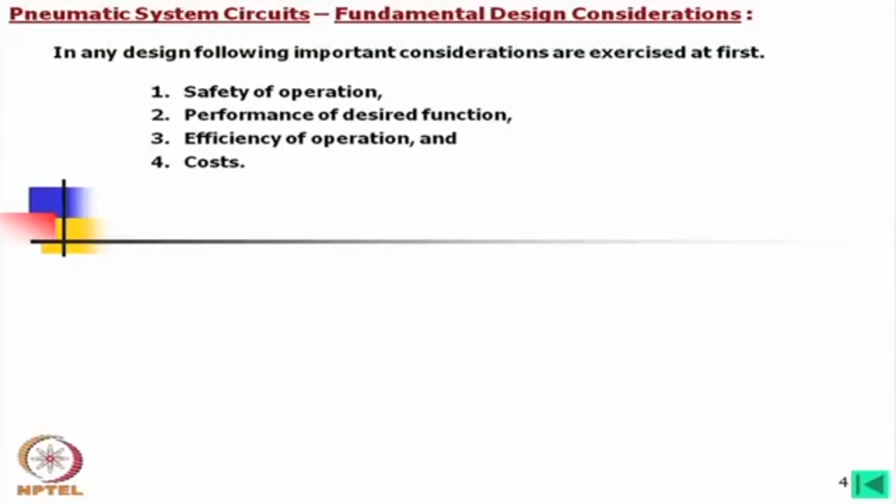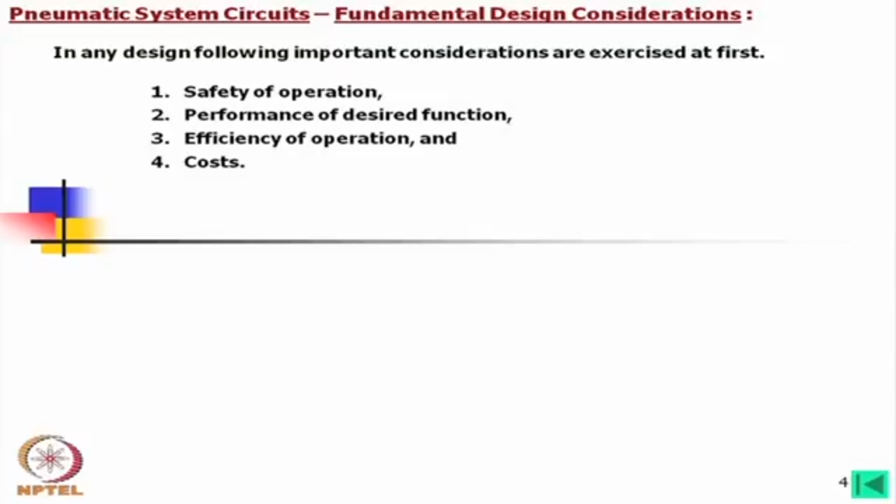Suppose one of them may not be that essential, for example costs. Sometimes we will not make it of exorbitant cost, but the cost factor may not be that important. However, in every case safety is first. So we have to think of all sorts of safety protections.